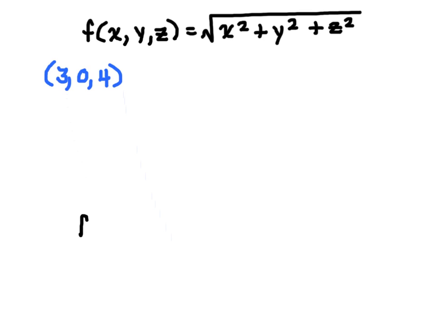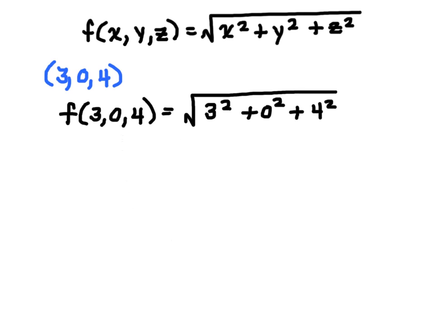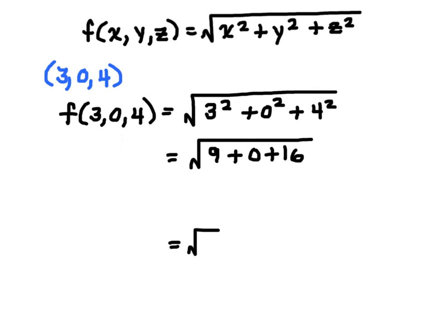Well, we get f of 3, 0, 4 is equal to the square root of 3 squared plus 0 squared plus 4 squared, and that is equal to the square root of 9 plus 0 plus 16, and that is equal to the square root of 25, which is equal to 5.